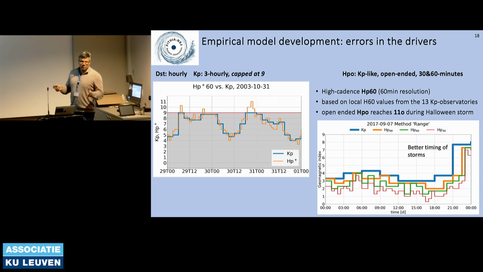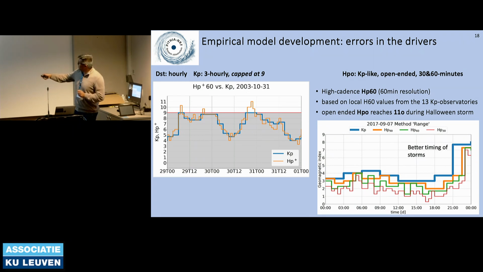Secondly, of course, when you're switching from 3 hours to 1 hour to 30 minutes, you have a much better timing of the storm. Typically what you see here, if you have KP, you would have something like this. And this storm actually hit at 2300 hours in reality.